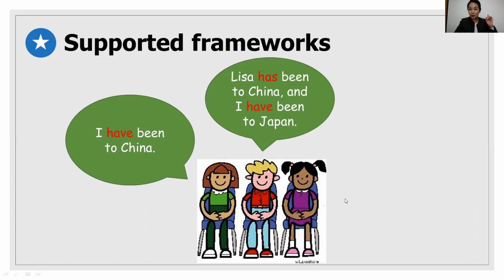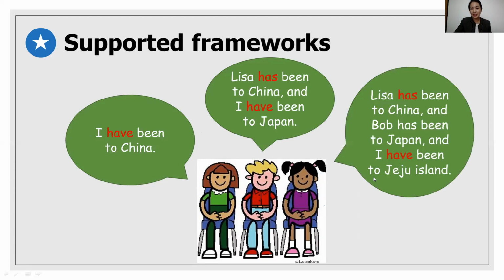And the next person should remember what the previous people said. It's like this: Lisa has been to China, and Bob has been to Japan, and I have been to Jeju Island, like this. If you have students who struggle to answer in these kinds of activities, they can ask their group for help. So it will be fun. Yes, this is a good warm-up too. Very good.